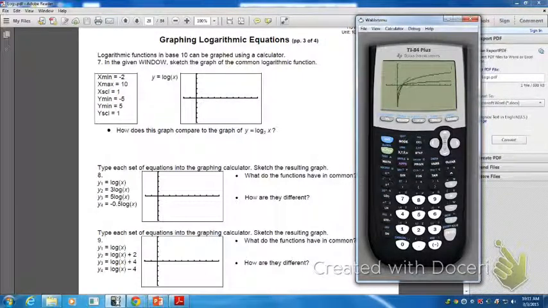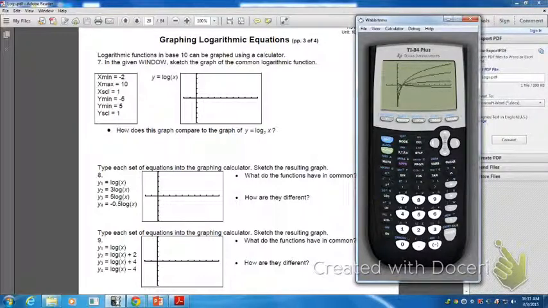There's our Y2, our Y3, and our Y4. What happened to our Y4? Why is he below? Negative is reflecting. Yeah, that's a negative. So we reflected it over the x-axis, and we also did what to him? He's also been compressed. See how close he is to the thing.